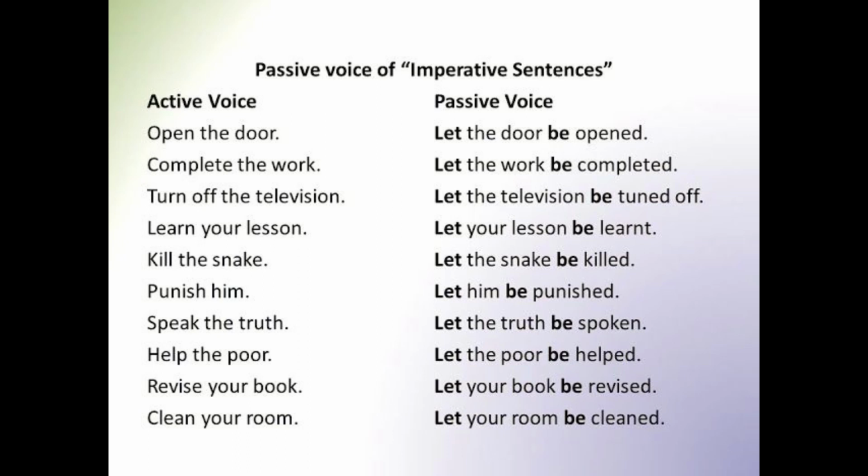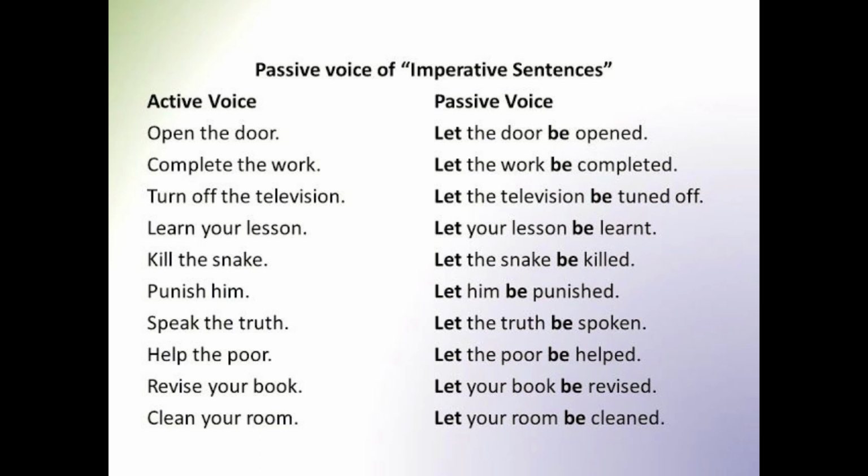Okay, my dear students, active voice, passive voice, active structures, and all the sentences here, they are starting from the main verb. Open the door, complete the work, turn off the television, learn your lesson, kill the snake, punish him, speak truth, help the poor, revise your book, clean your room.